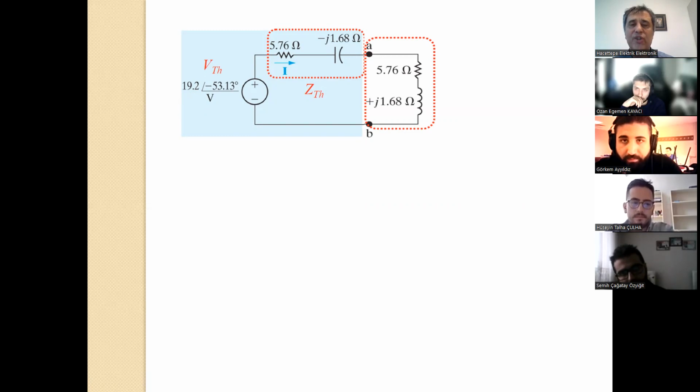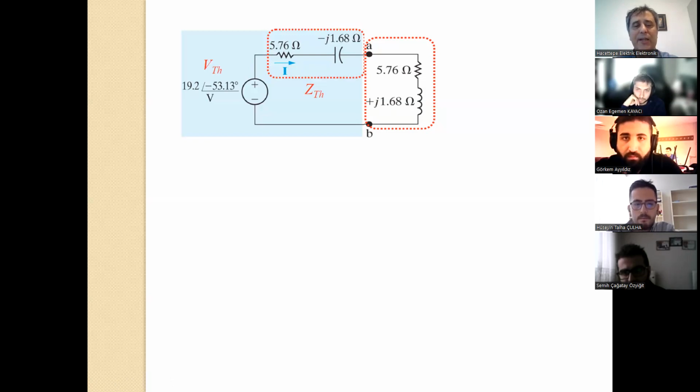What is the condition? ZL should be the complex conjugate of ZTH. Look, 5.76 is the same, however the reactance will be the opposite sign. And now look, they cancel each other. So you are going to get the maximum current from the circuit if the reactances cancel each other.